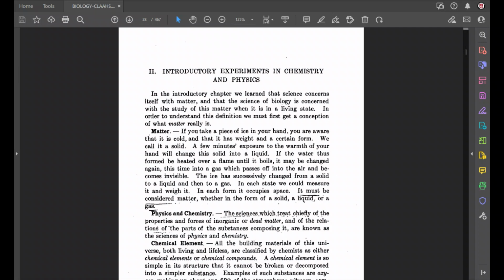But as you hold it in your hand, this piece of ice starts to interact with your hand, and the heat from your hand starts to change that matter, starts to change the ice. In a few minutes, the warmth from your hand will change this solid into a liquid.